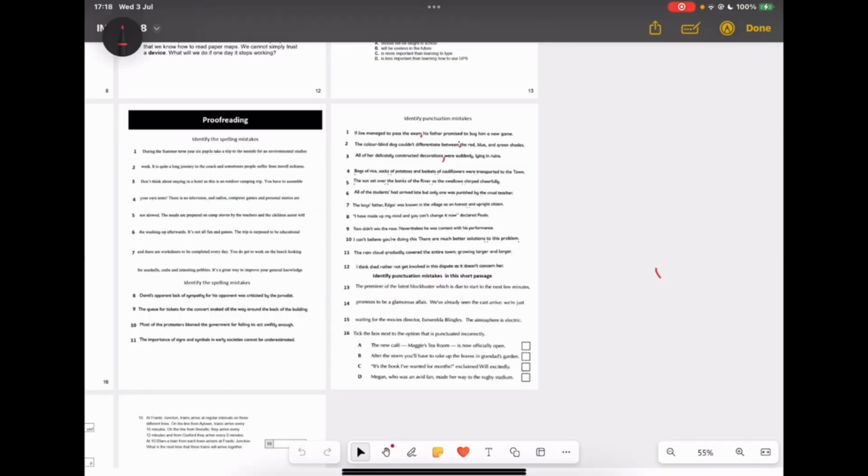Okay, well, this one is going to be, well, town should have a lowercase t, but this is punctuation.